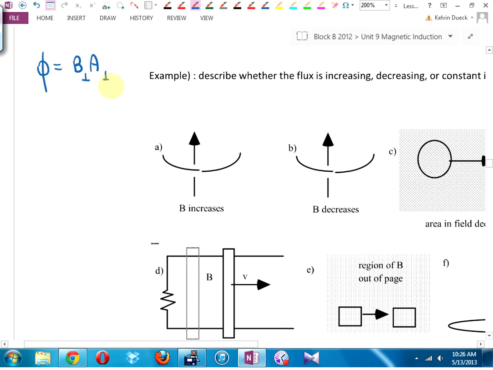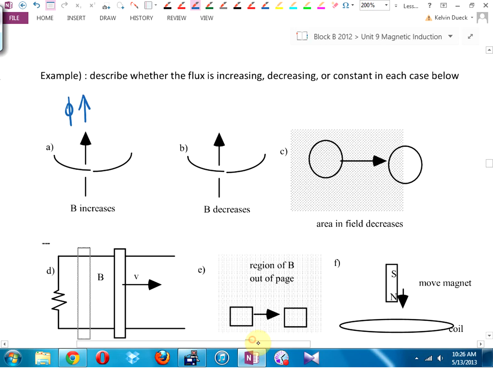What do you think happens in situation A if I increase the magnetic field? Does your flux increase, decrease, or stay the same? Flux increases. How can I increase the magnetic field? Change the solenoid or just move the coil closer to the magnet.